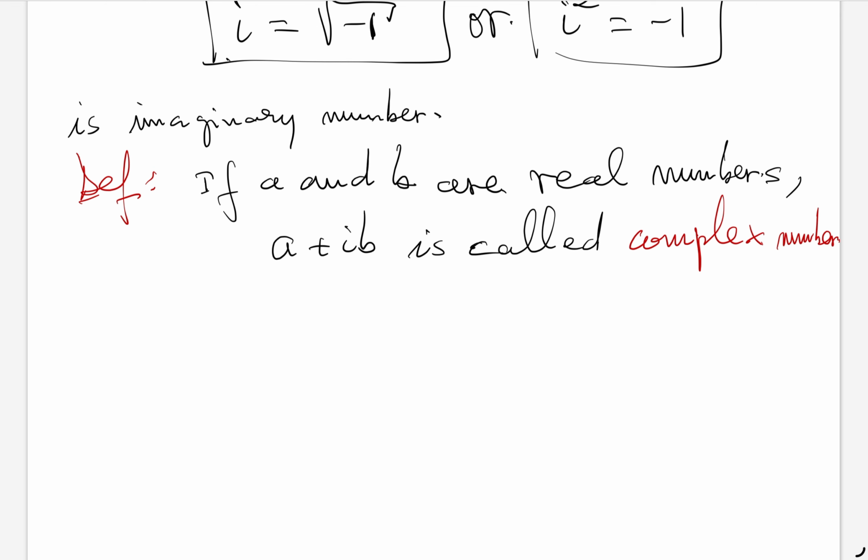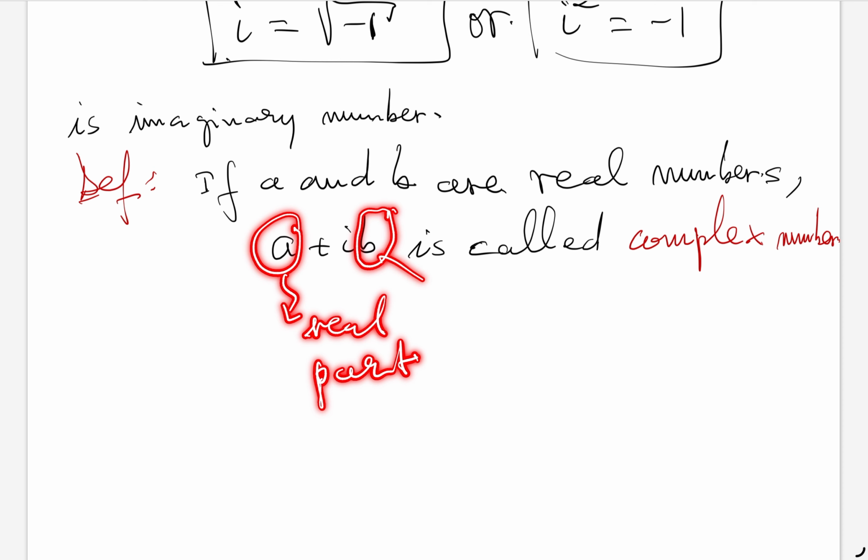You can see that a and b, be careful, are real numbers, but i is the imaginary unit. And a is the real part, and b is called the imaginary part.